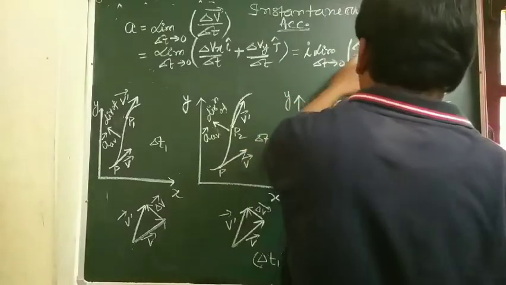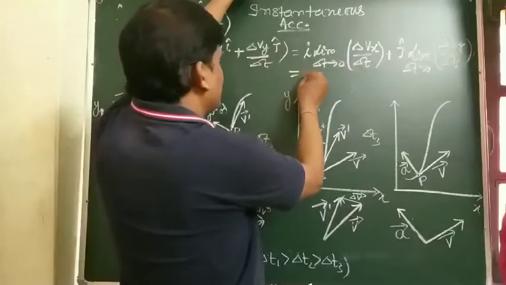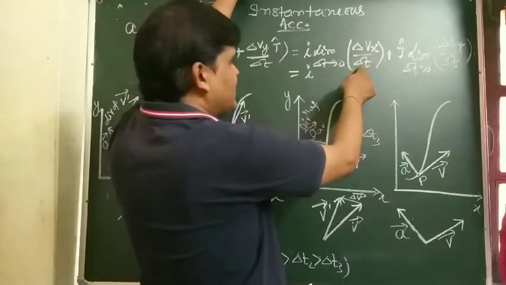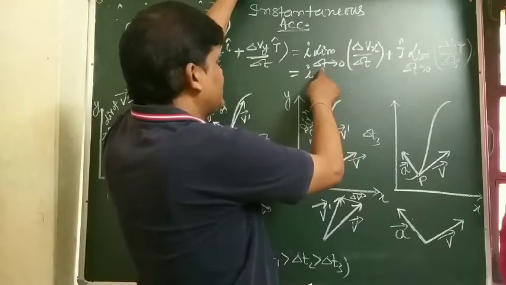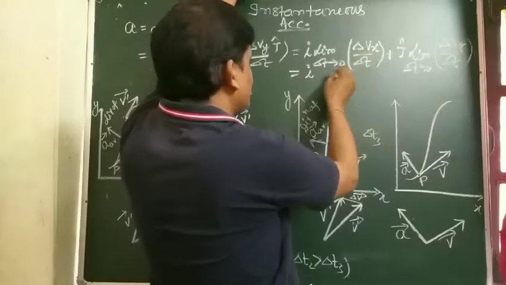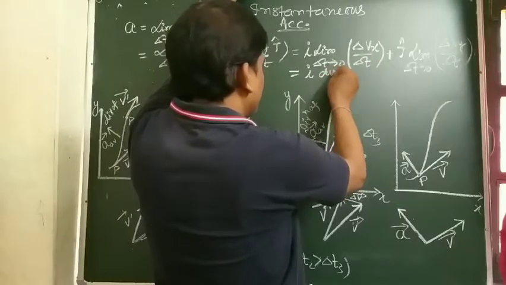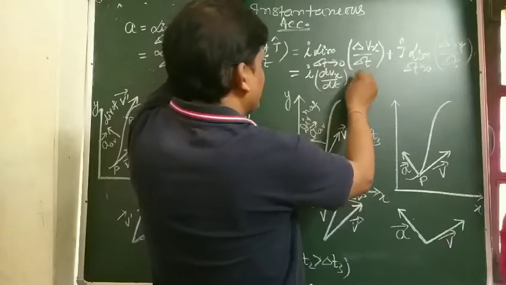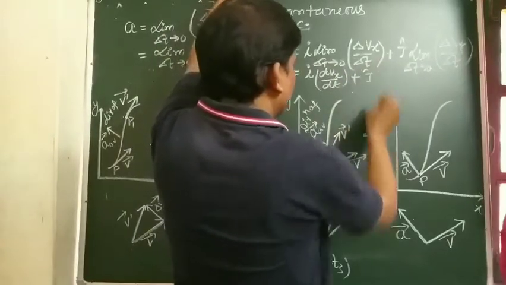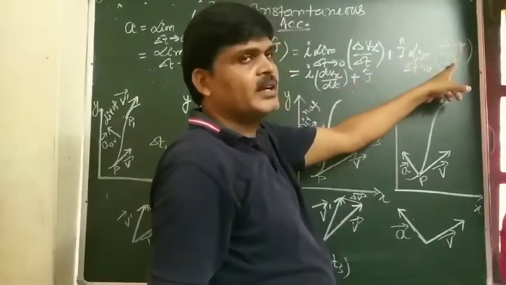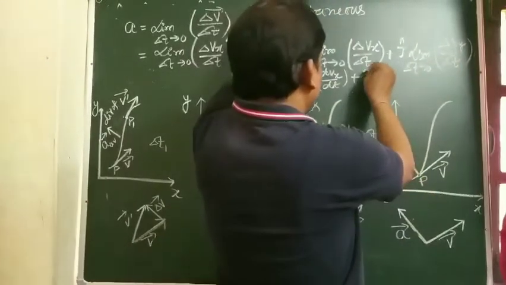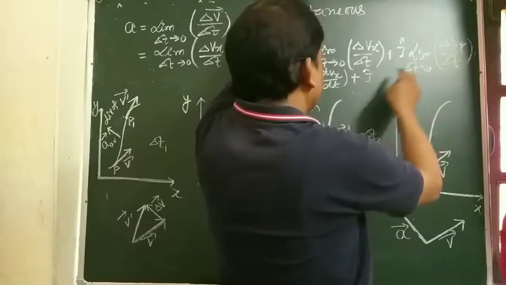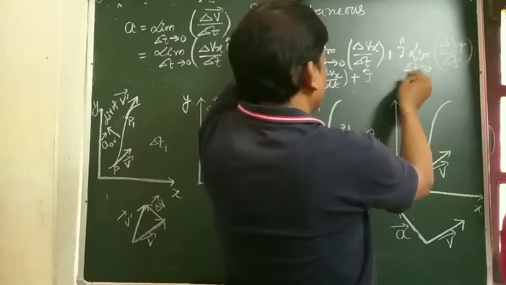And students, this can be written as i cap and delta vx by delta t, when the limiting value delta t tends to 0, so it can be written as dvx by dt, and in the same way dvy by dt, the instantaneous acceleration in the y direction.